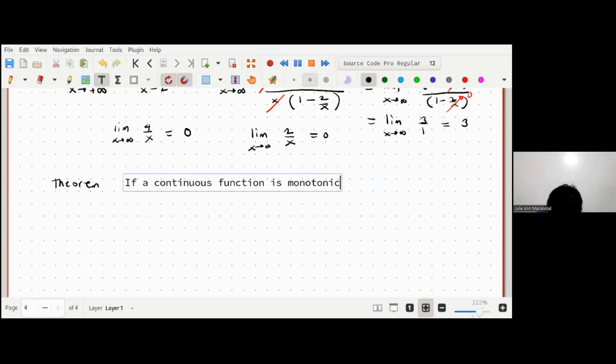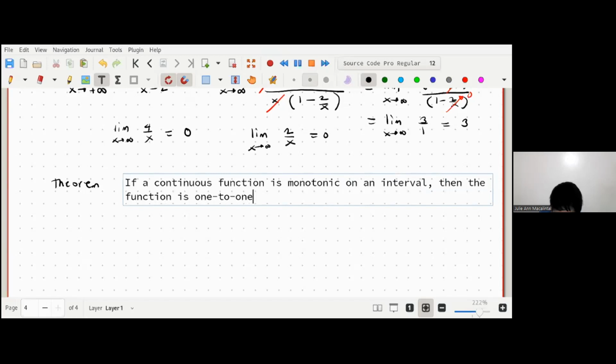So lagyan natin ng qualification. On an interval, if the domain is an interval, then the function is one-to-one in that interval.